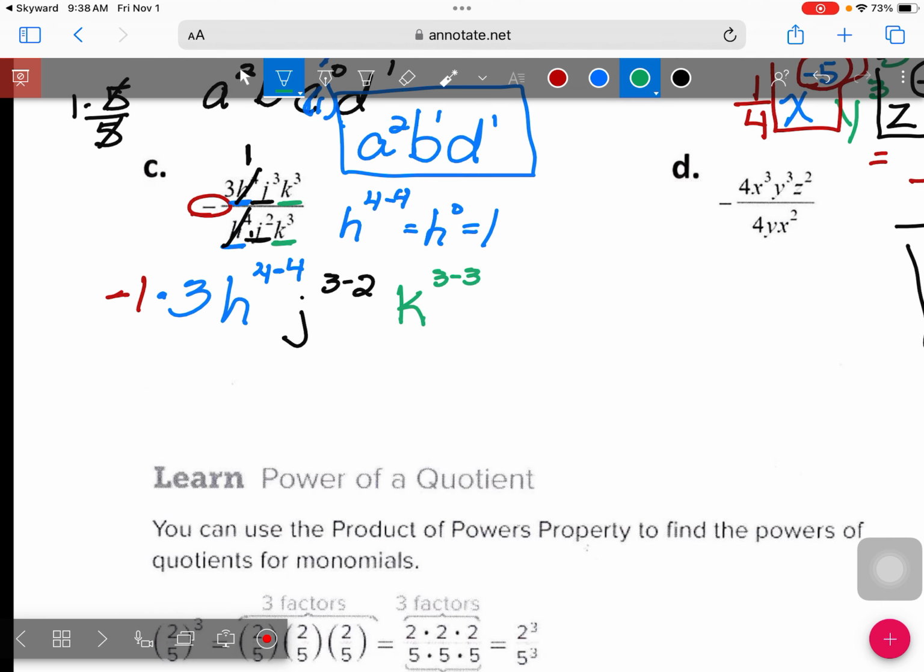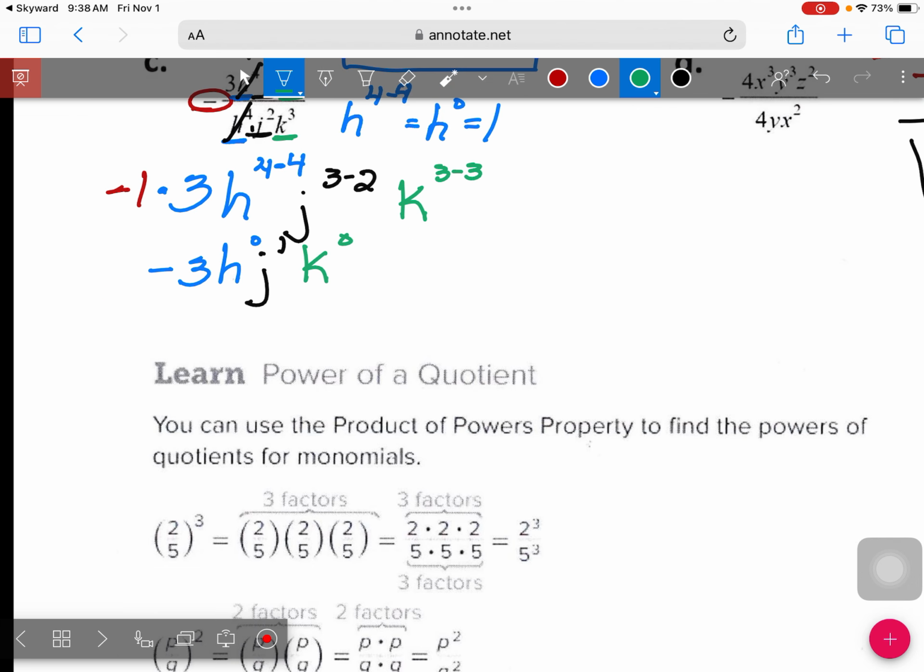So putting this all together, -1 times 3 is -3. 4 minus 4 is h to the 0. j to the 3 minus 2 is j to the 1st. And k to the 3 minus 3 is k to the 0. We just said anything to the 0 power is 1.